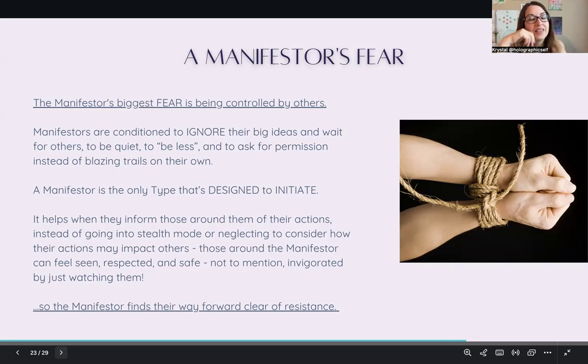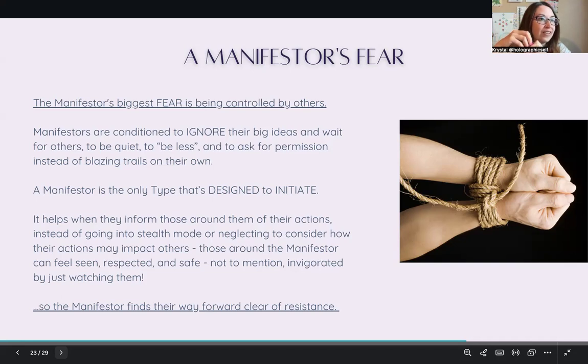So when they are able to feel safe enough to share their plans and their ideas with their loved ones without fear of them getting mad or trying to shut them down, then they are able to avoid going into stealth mode and be more open about what they're wanting to create and making it happen, and perhaps even getting support from their loved ones instead of getting questioned and shut down and people being irritated with them. So, the signature of a manifestor who's not in alignment is anger.